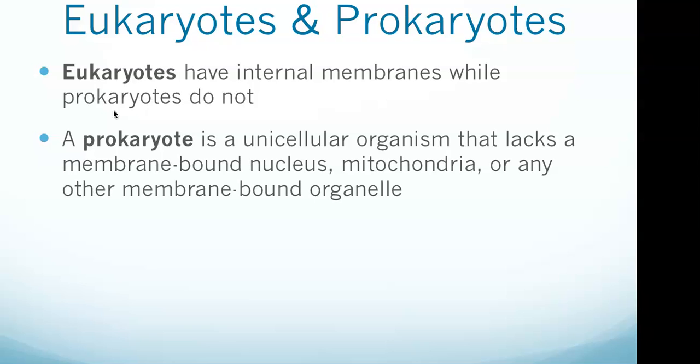Eukaryotes evolved about 1 billion years ago, while prokaryotes evolved 3.6 billion years ago. A prokaryote is a unicellular organism that lacks a membrane-bound nucleus, mitochondria, or any other membrane-bound organelle. Prokaryotes are divided into 2 domains, archaea and bacteria. The first living organisms were prokaryotes.